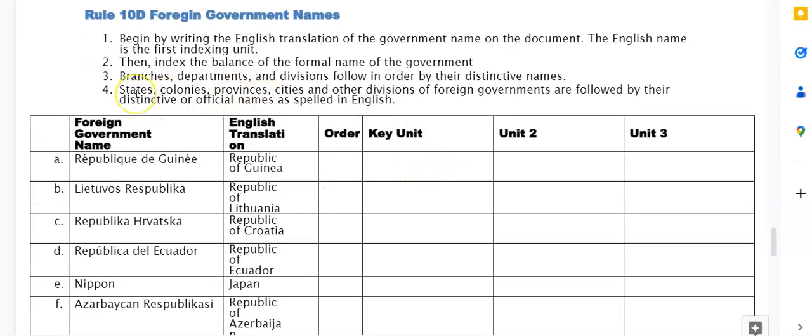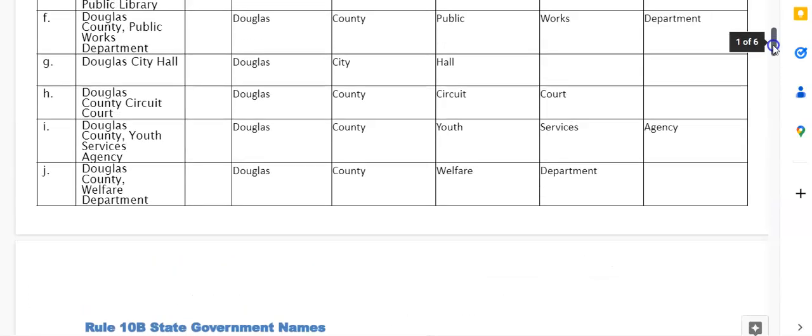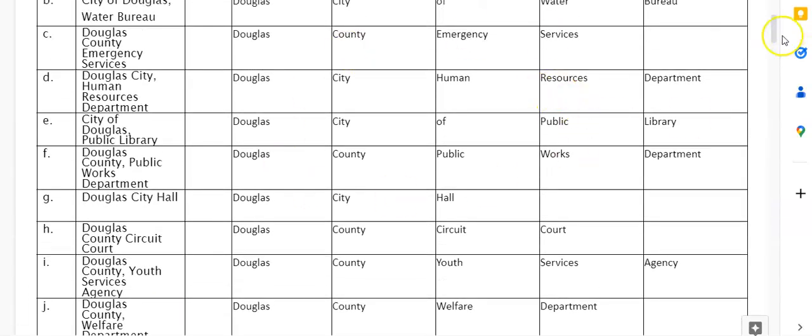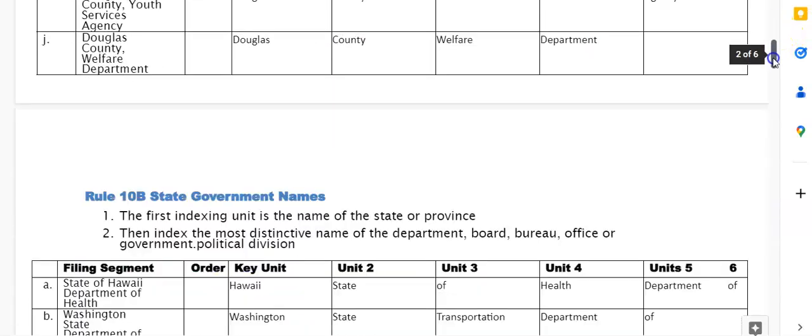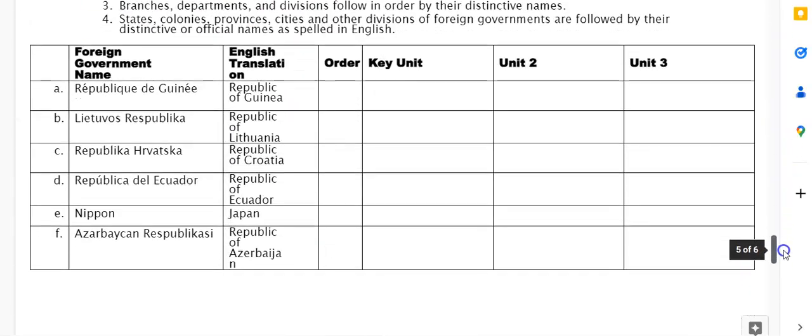And then number 4 says, states, colonies, provinces, cities, and other divisions of foreign governments are followed by their distinctive or official names as spelled in English. So again, just as you've seen earlier for American cities and states, you would do the same thing for foreign translations.